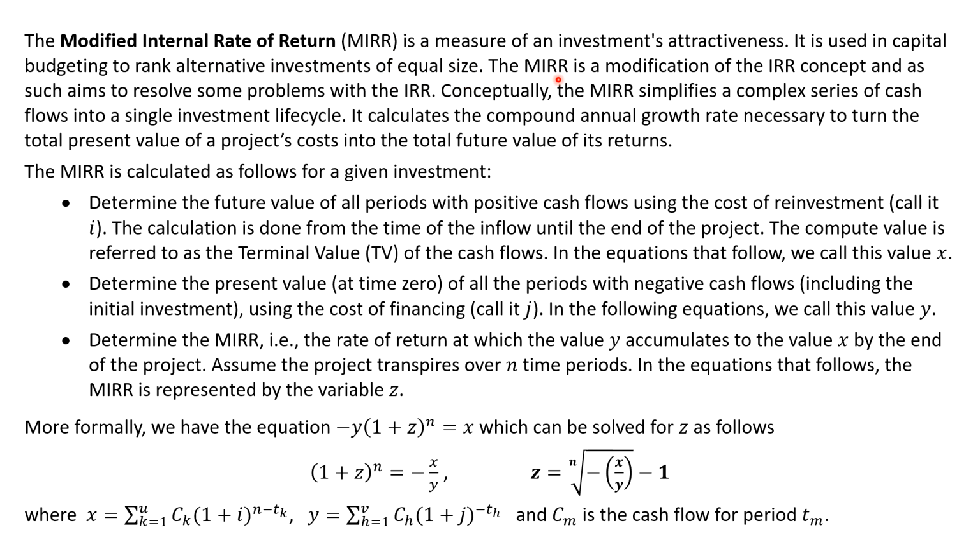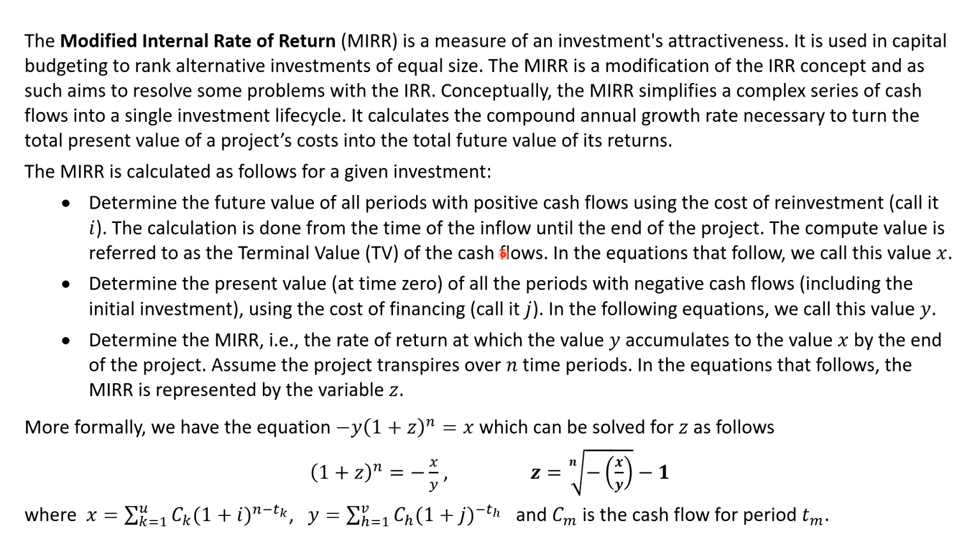The MIRR is a modified version of the IRR concept, and as such aims to resolve some problems with the IRR. Conceptually, the MIRR simplifies a complex series of cash flows into a single investment life cycle. So we'll just get one number out of our calculations. It calculates the compound annual growth rate necessary to turn the total present value of a project's cost into the total future value of its returns.